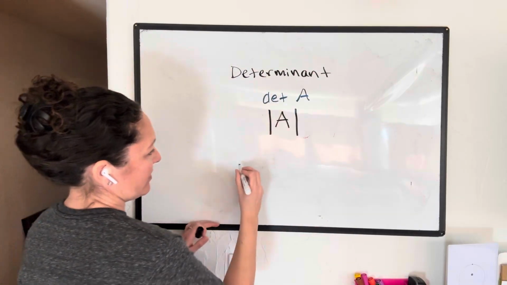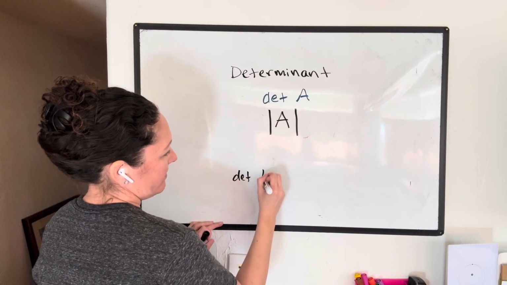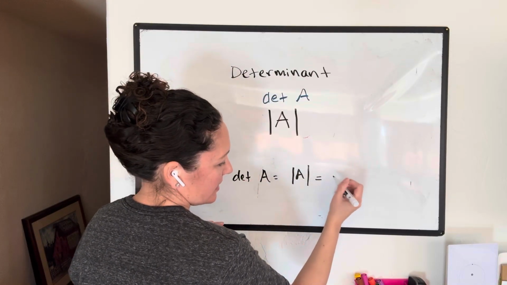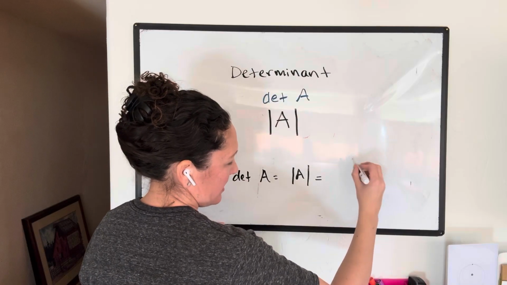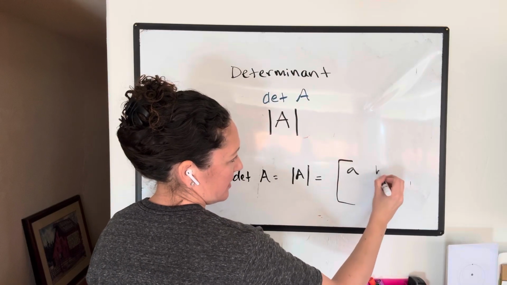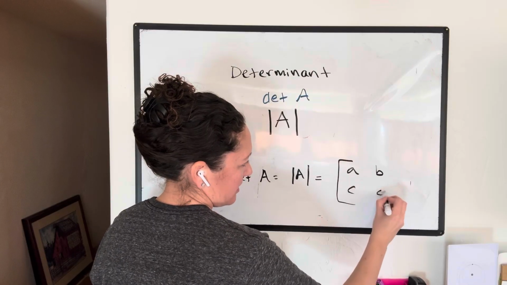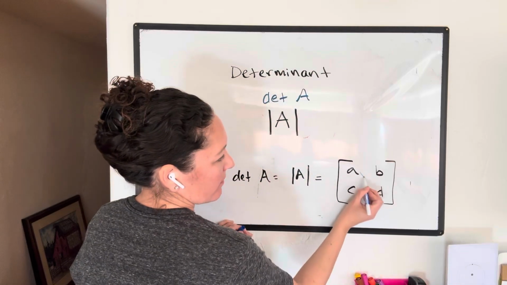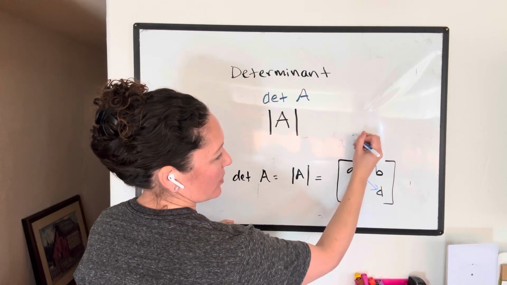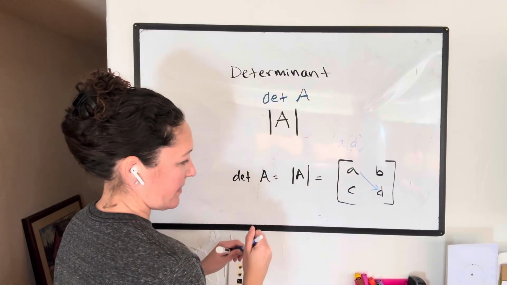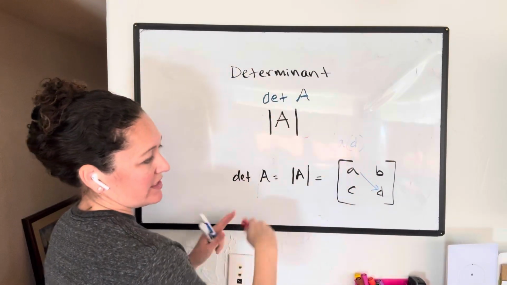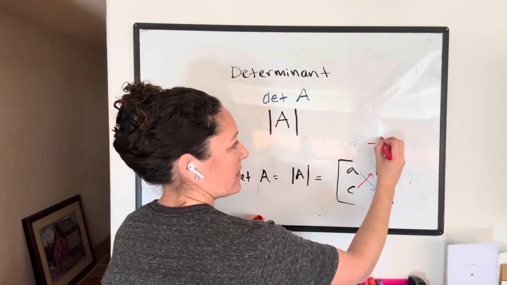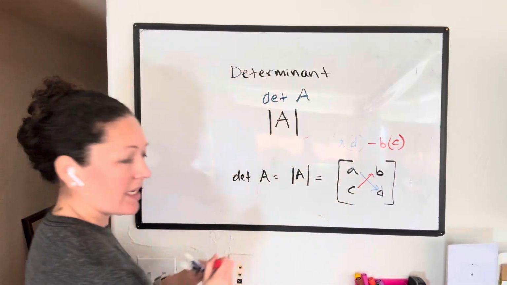And the way to solve the determinant, here's my matrix, and what you do is you take your first two and multiply them together, so you have A times D, and that is positive, but these two come together and they are negative, so I'm going to minus B times C, and that's it.